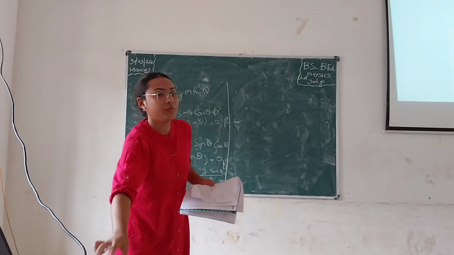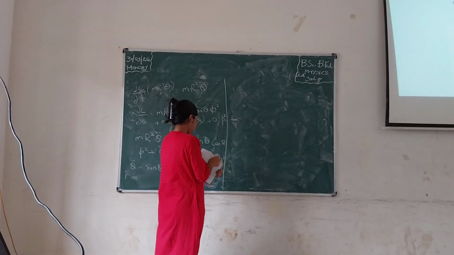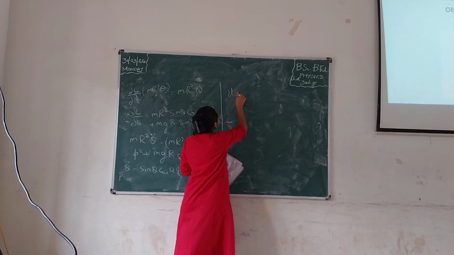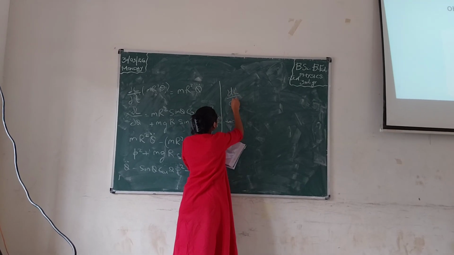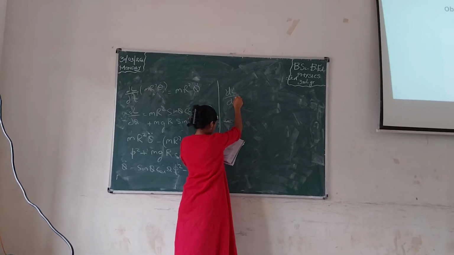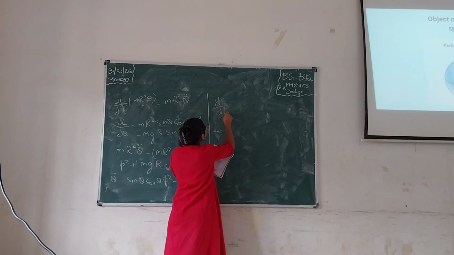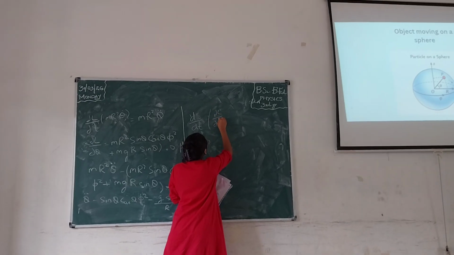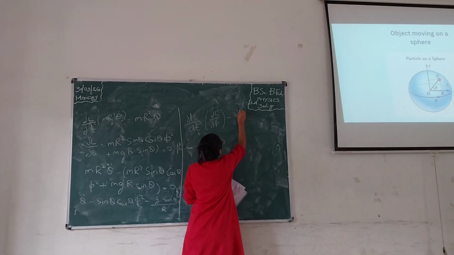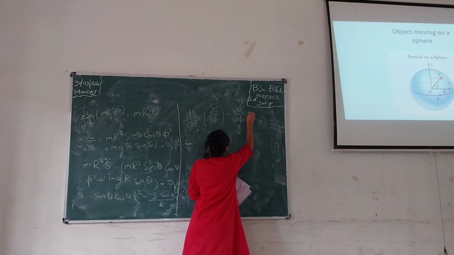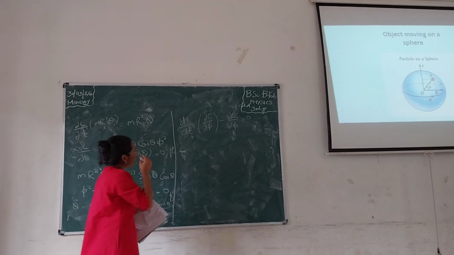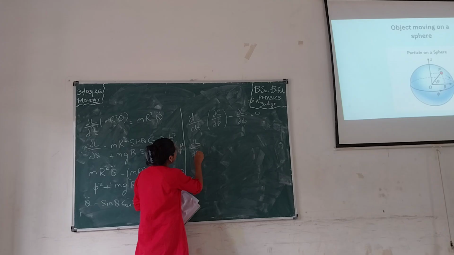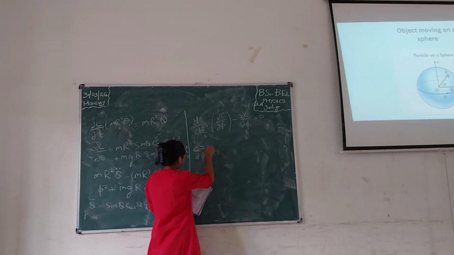Now we'll find the equation of motion for phi by using the Euler-Lagrange equation, that is d by dt of dou L by dou phi dot minus dou L by dou phi. We'll differentiate L with respect to phi dot, that is dou L by dou phi dot.